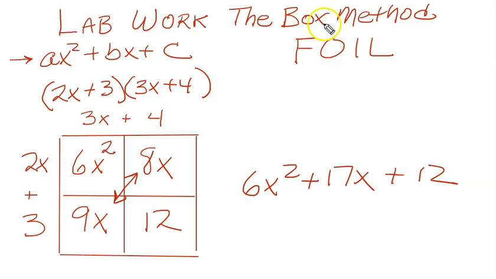So again, using the box method, we end up with a trinomial in the form of ax squared plus bx plus c. Now, we can also use the box method to factor, and that will be our next example that we want you to include in your flipped classroom lecture booklet.